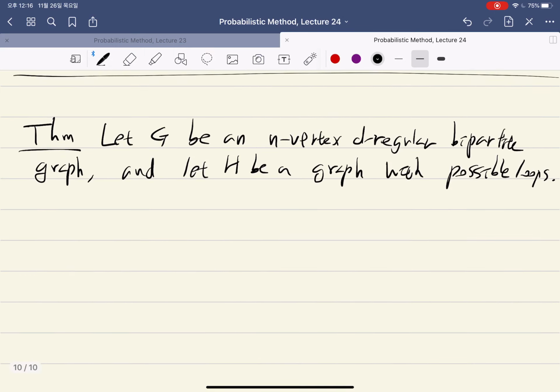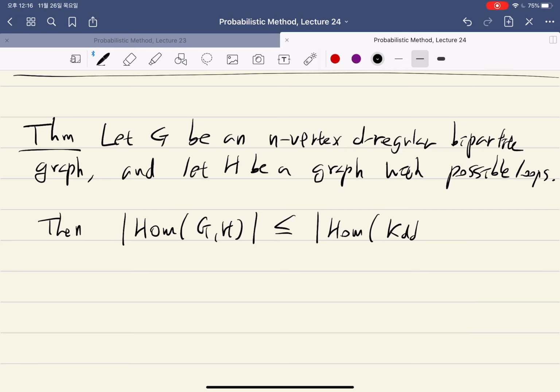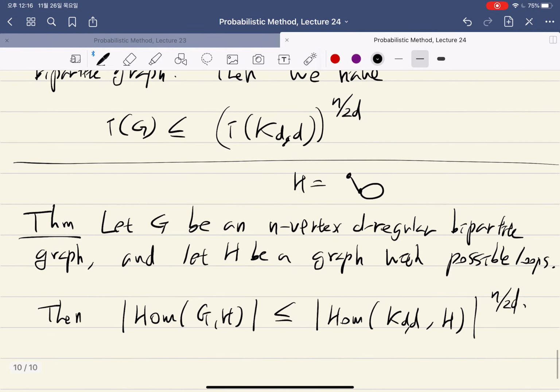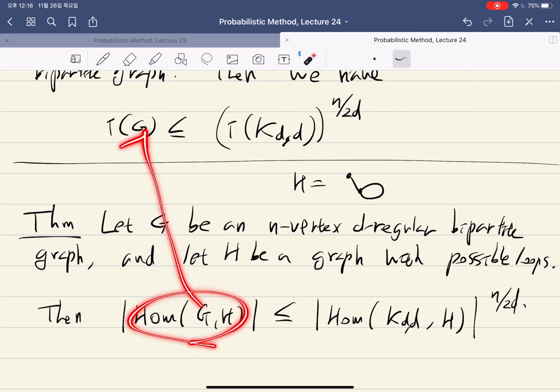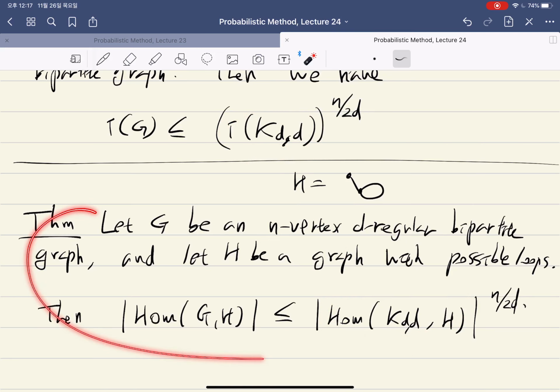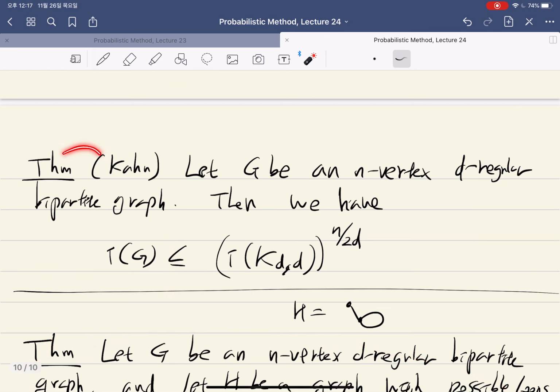Then what we want to show is that the number of homomorphisms from G to H is at most the number of homomorphisms from K_{d,d} to H, to the n over 2d. So if we let H be this graph, then this becomes the number of independent sets in G, and this becomes the number of independent sets in K_{d,d}. So this theorem is more general than Kahn's theorem.